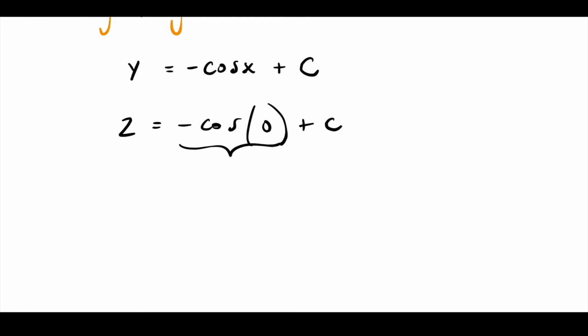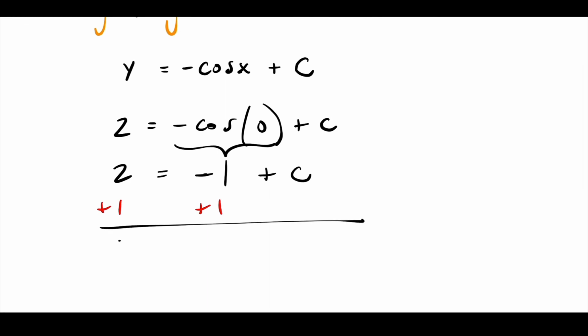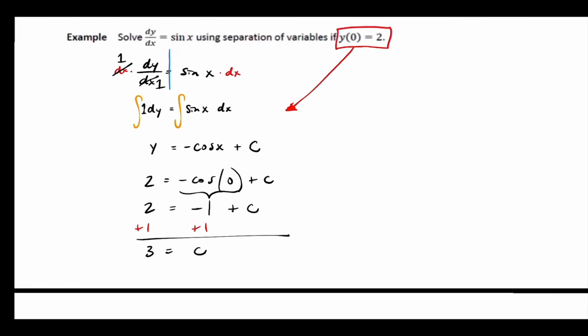Positive 1. Now throw in the negative. You get negative 1 plus C. Last step, add 1 to both sides. You get C by itself. Step 3 is done.